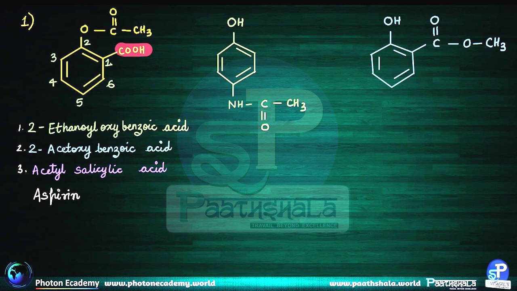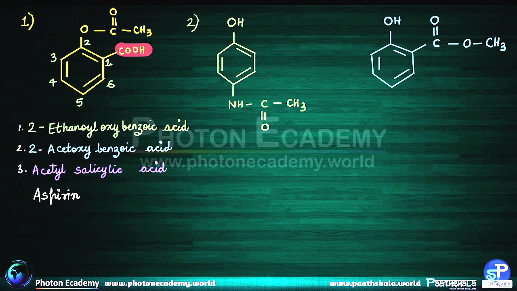All right, next we have the second one. In this, we see the presence of this OH connected to this benzene, and this ring appearing over here as the substituent. So here, the principal functional group, that is the main functional group that we'll be considering, is this group, because it has the highest priority.